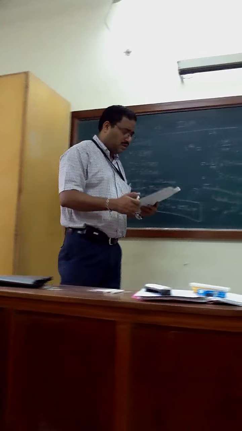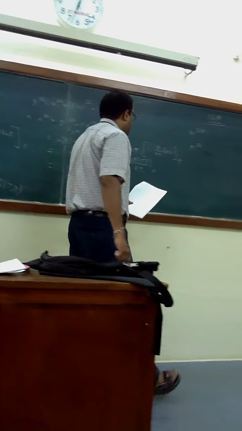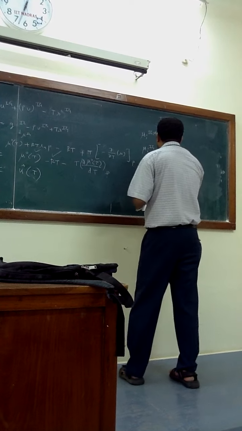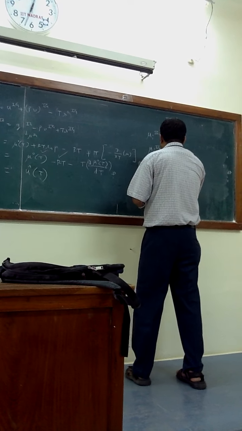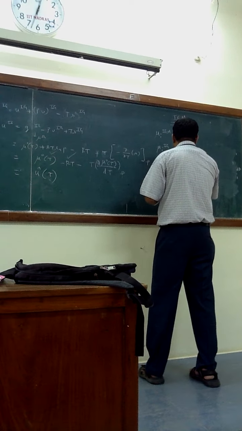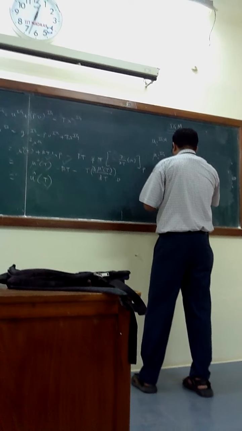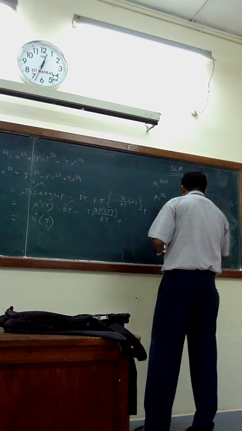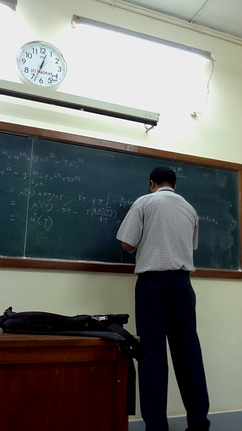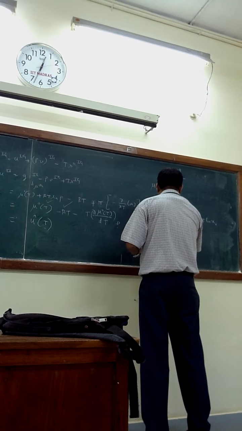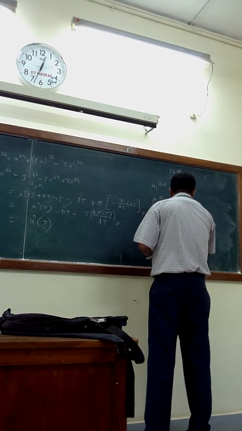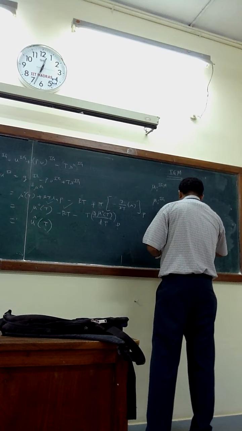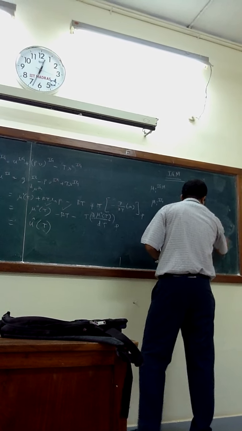Okay? So what's the definition for mu i IGM? You can write mu i IGM as mu i IG plus RT ln xi. Why? Because we can write mu i IGM in a similar manner, mu i0(T) plus RT ln p xi, where this is the partial pressure.